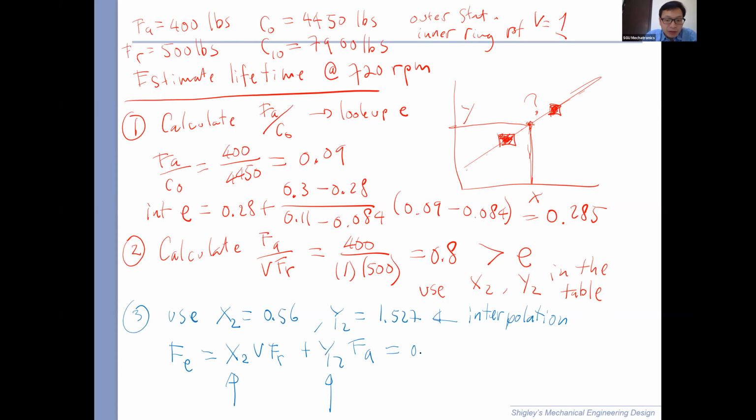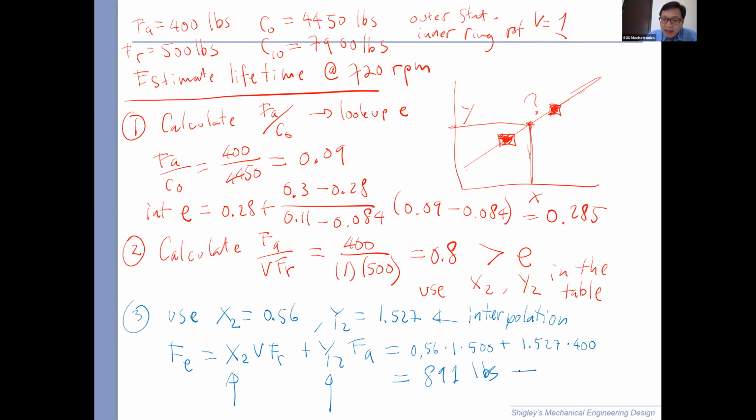So X2, 0.56 times 1 times 500 in a ring rotation, 1,527 times 400. Okay, the combination here is 891 pounds.